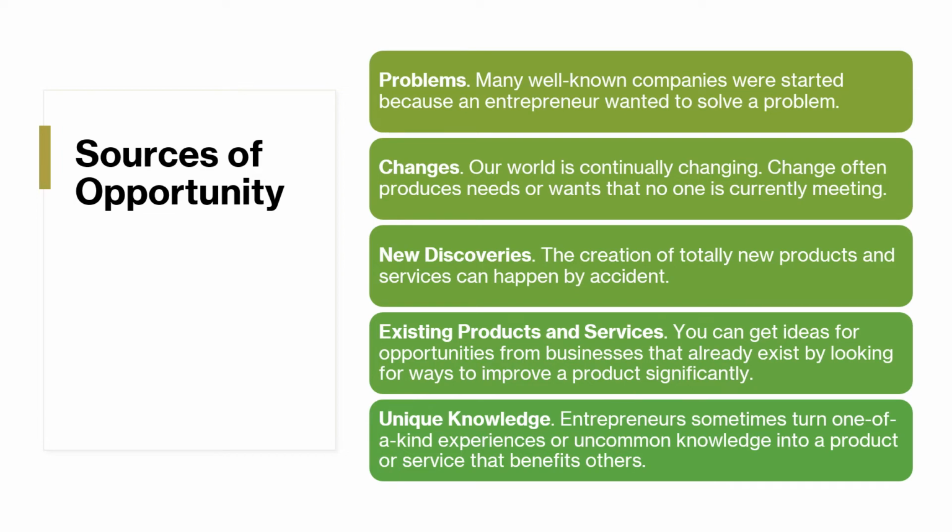And then in terms of the new discovery, so the creation of totally new product and services can happen by accident. So ini ada kisah yang bila you tengok Velcro. So Velcro ni kalau awak pakai kasut sekolah dulu kan, yang dia jenis melekat tu. So this is what we call as a Velcro. So Velcro ni dijumpai oleh seseorang ini bila dia bawa dia punya dog, if I'm not mistaken, dog berjalan-jalan di dalam kawasan hutan.